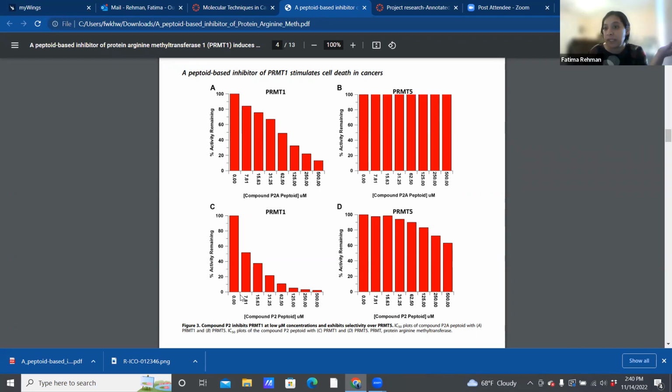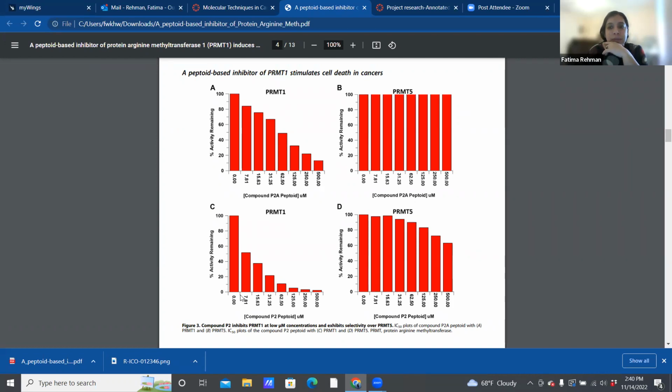It shows that PRMT1 is inhibited. Why look at PRMT5? What does that tell you? That it also works on different structures of the same compound? Does it work on different PRMTs? Is it as effective? It doesn't work at all.